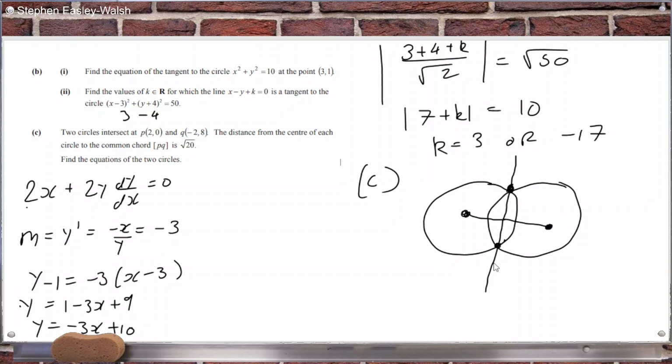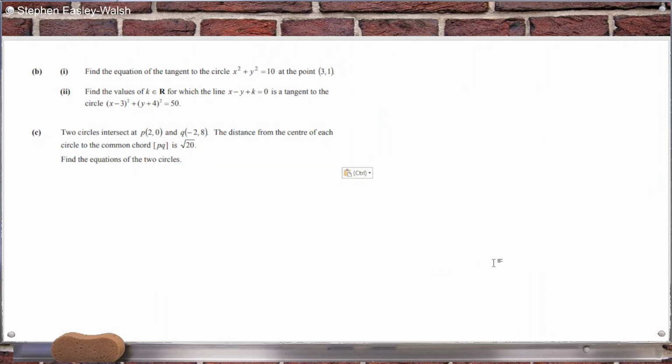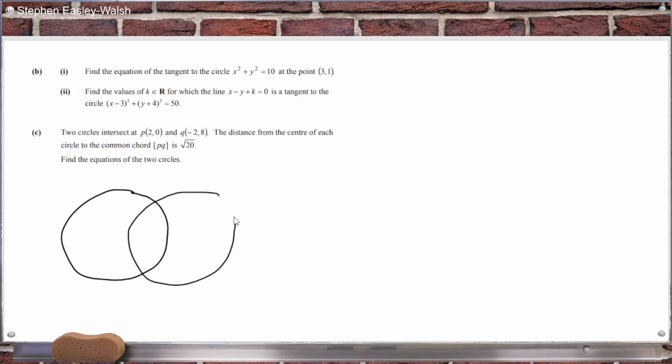Now that's interesting. Let's make more space. We got P. We got Q. I could find this point here, the midpoint.